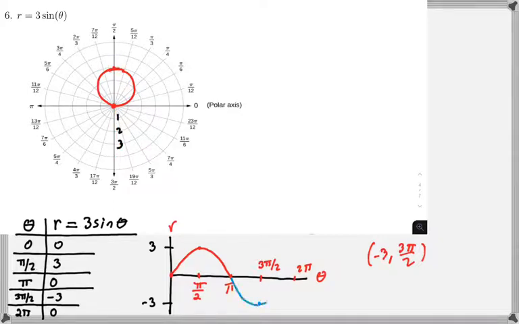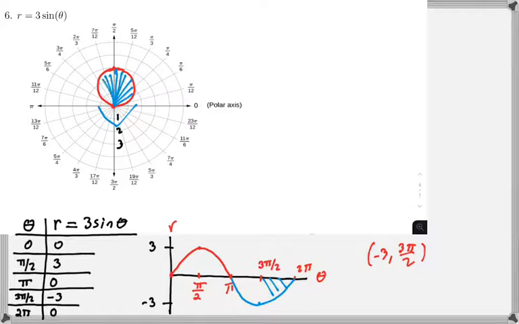So as we're going from pi to 3 pi over 2, we're looking at all of this stuff right here. All of that is going to be pushed back up this way because they're all negatives. And then until we get to 3 pi over 2, that's going to go all the way up there. Then all this stuff from 3 pi over 2 to 2 pi, that's going to be up here.